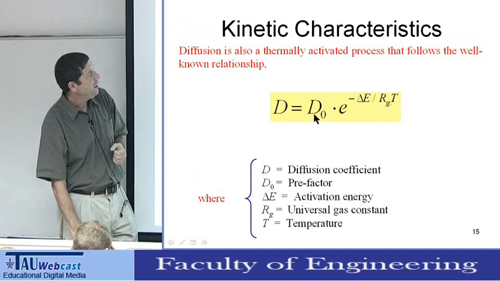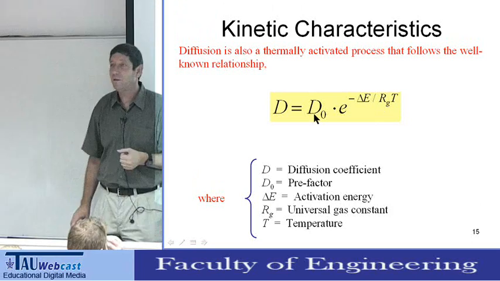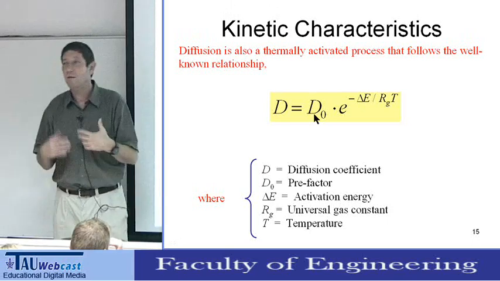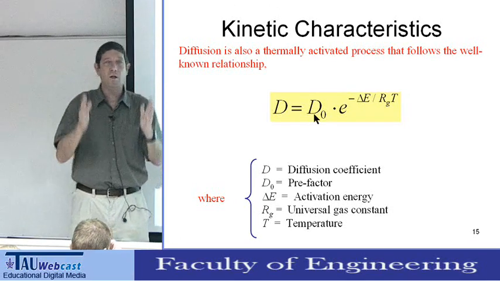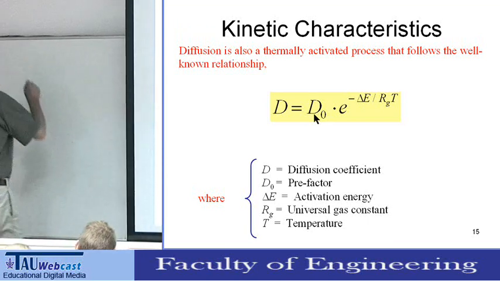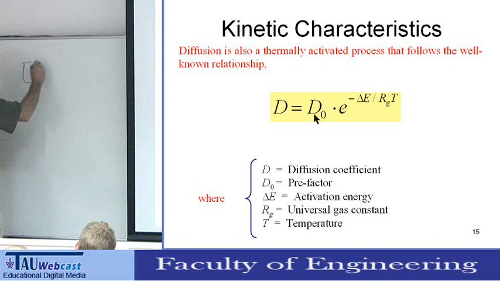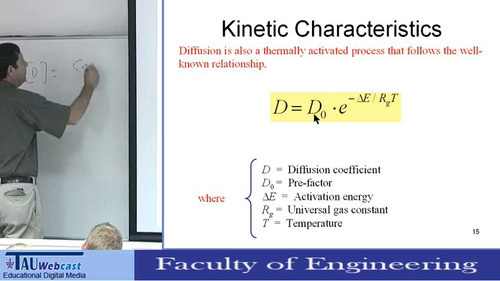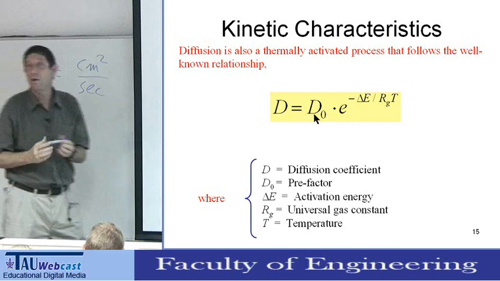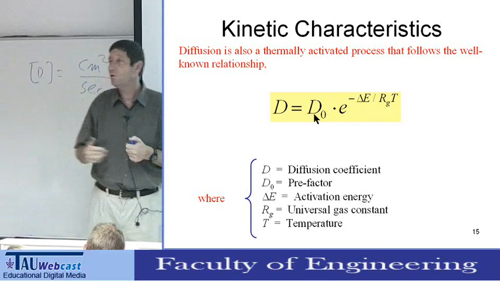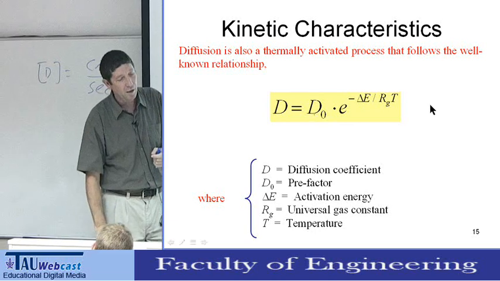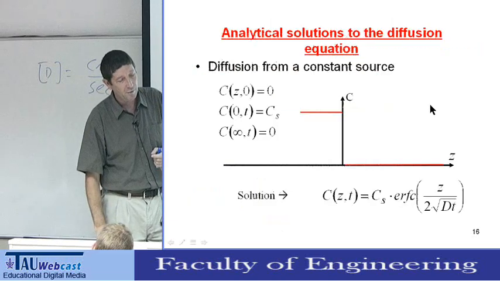And D0, the typical units are centimeter squared per second, because D0 has the units of distance squared divided by second. The units of D are centimeter squared per second. Or you can take it in meter squared per second or others, but typically we use engineering units with centimeters.